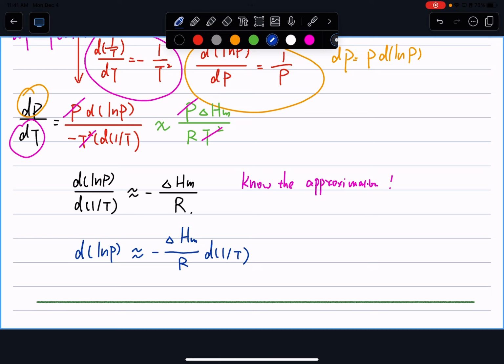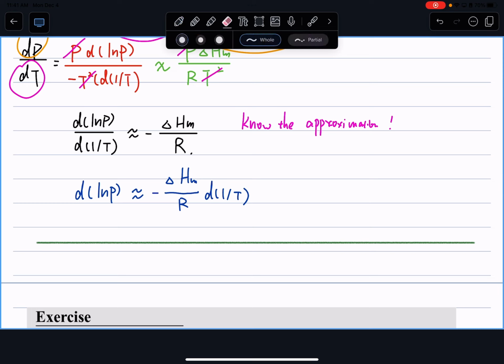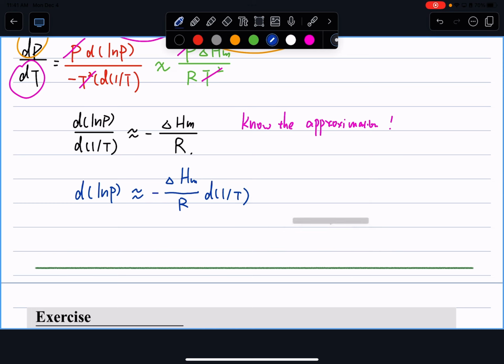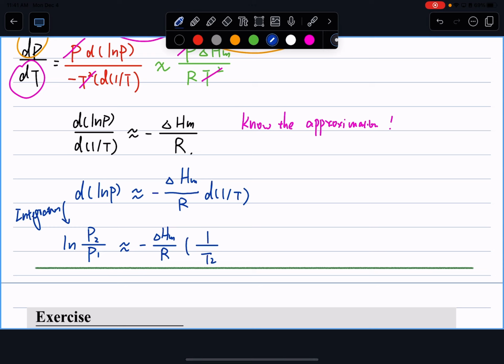And if you take the integration on both ends, we have ln P2 over P1 roughly equals negative delta Hm over R times (1 over T2 minus 1 over T1).